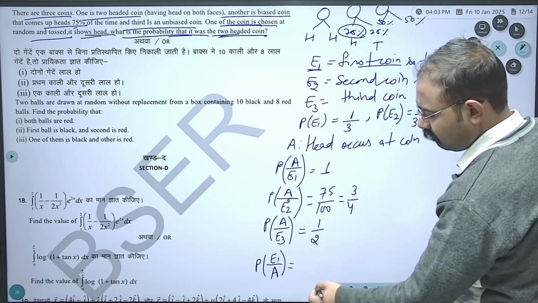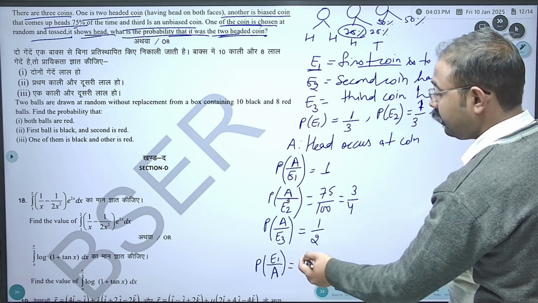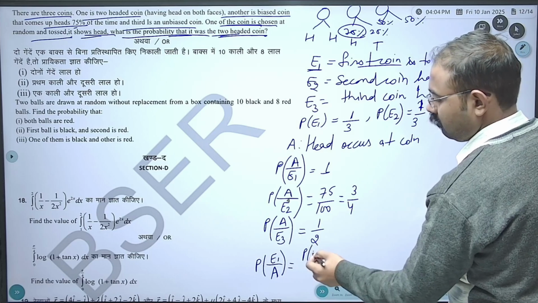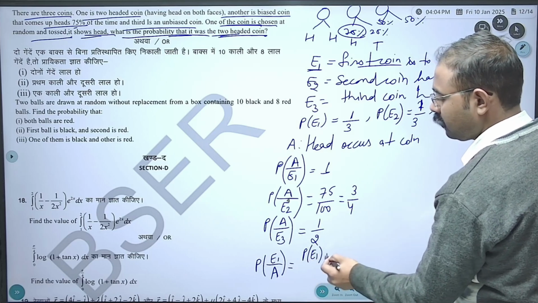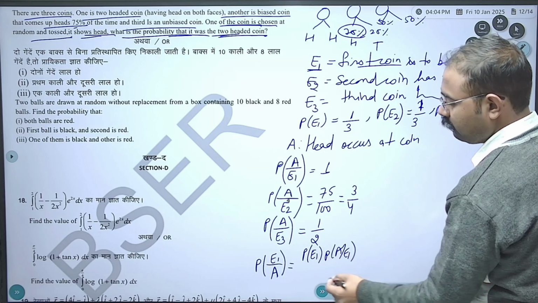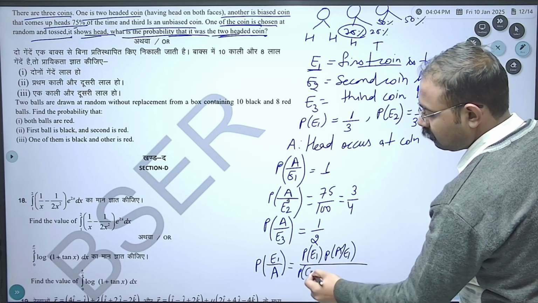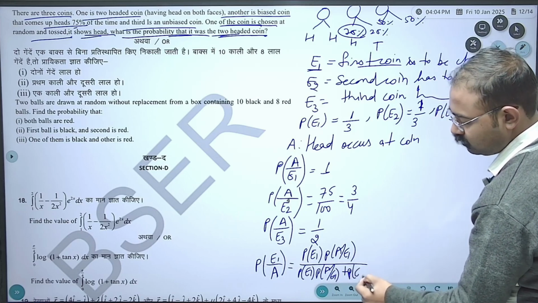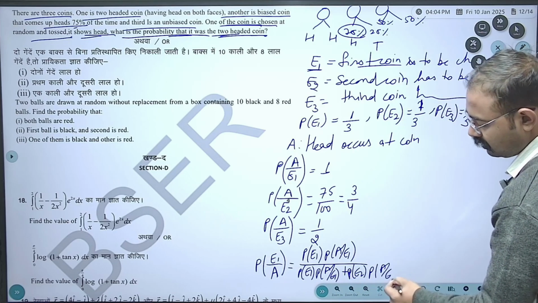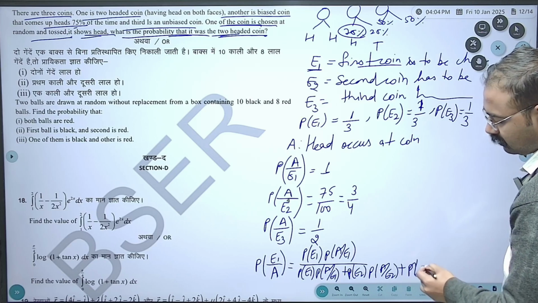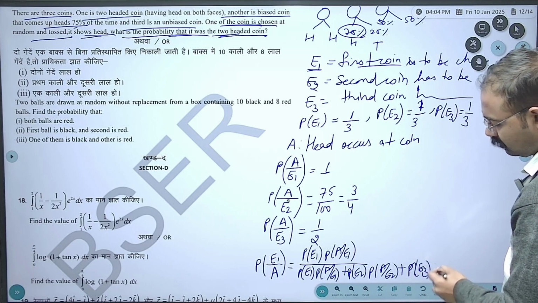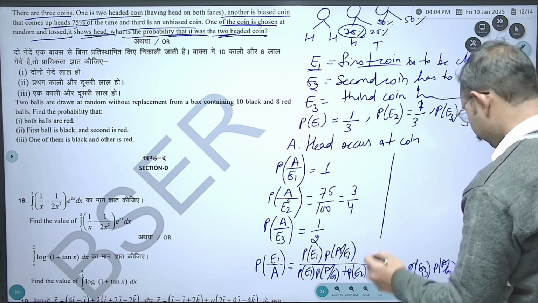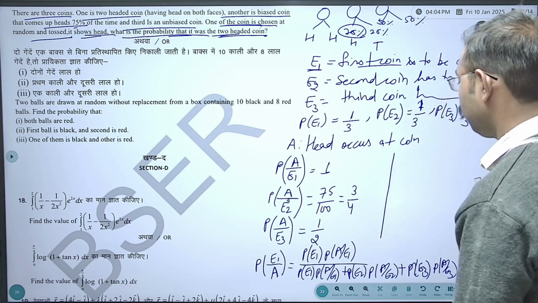Now by Bayes' theorem, the probability is P(E1) P(A|E1) upon P(E1) P(A|E1) plus P(E2) P(A|E2) plus P(E3) P(A|E3). This is our formula. Simply we will put all our values here.